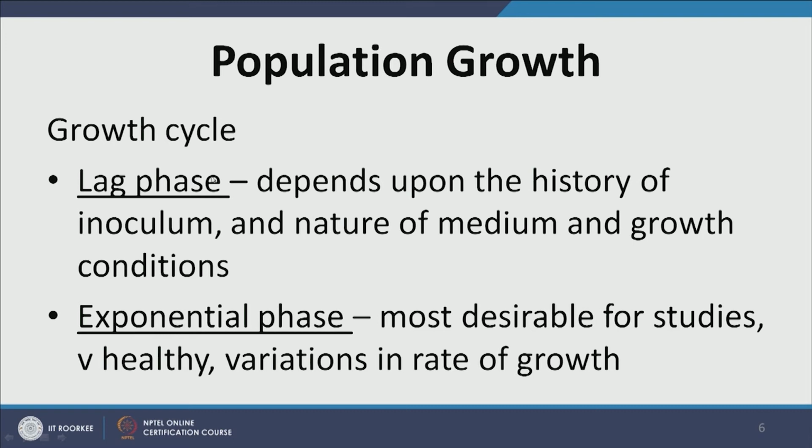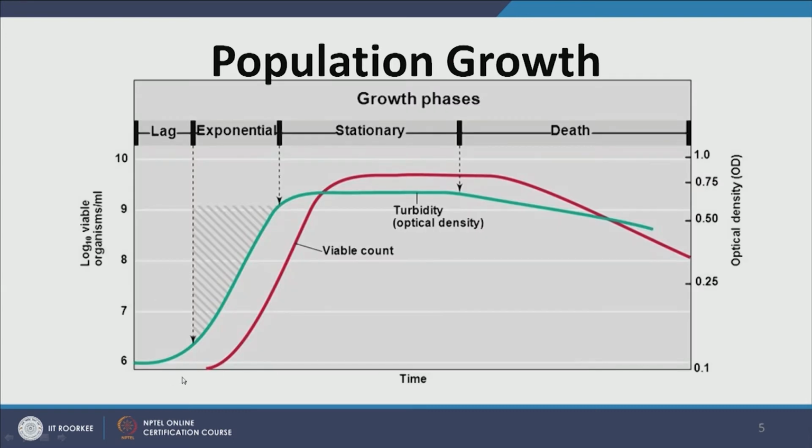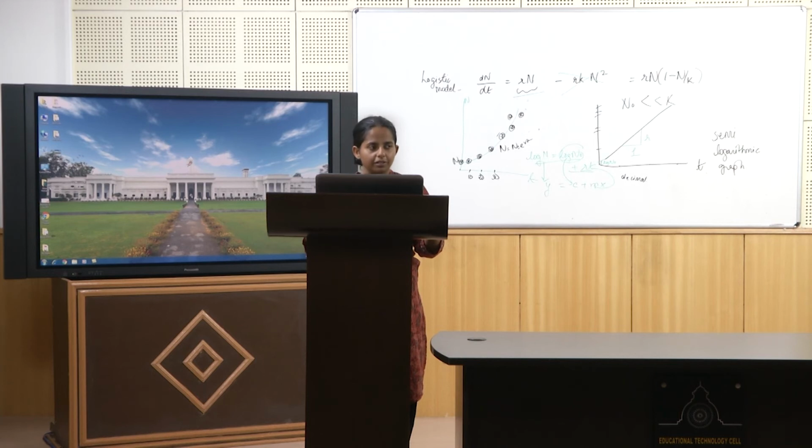So the first phase is lag phase. Now why do we have this phase, lag phase, where microbes take time to even start their exponential growth? Usually the microbes that we inoculate in our media are from a different media, they have been kept in a different environment, they might have a different temperature, and they sort of undergo a shock at times, and at times they require an acclimation time, which is the time they require to get acclimated to the new environment.